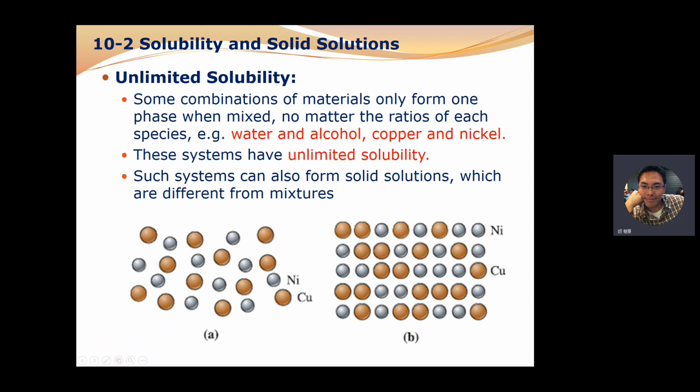Let's look at solubility and solid solution. So unlimited solubility: some combinations of materials only form one phase when mixed, no matter the ratios of each species. For example, water and alcohol, copper and nickel. This system has unlimited solubility.